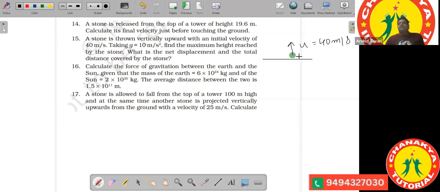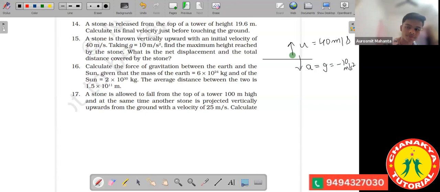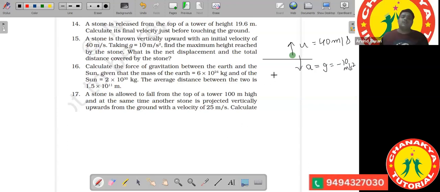So here we observe that the acceleration due to gravity is acting in the downward direction, and acceleration due to gravity over here will be a negative 10 meter per second square. Yes, Abhinav and Smith. Smith, have you understood? Yes. Okay. Now see, if you have ever thrown a stone, what happens?